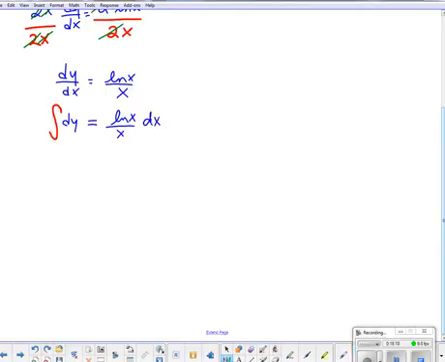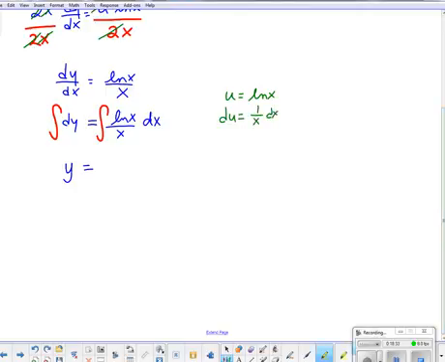Introduce your integral symbol, because we are going to integrate both sides. The integral of dy will be y. And now, I hope you recognize this. You could do a little u-sub on this one if you are wondering. Let u be natural log x. Then the derivative of this would be 1 over x dx.